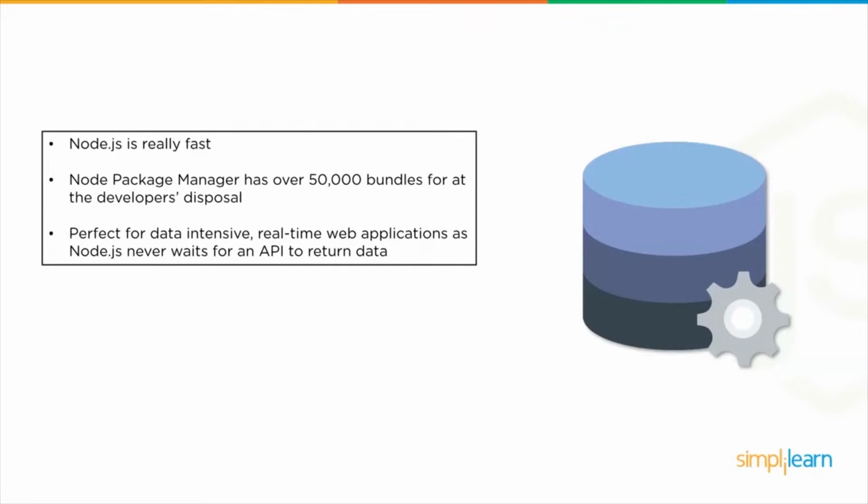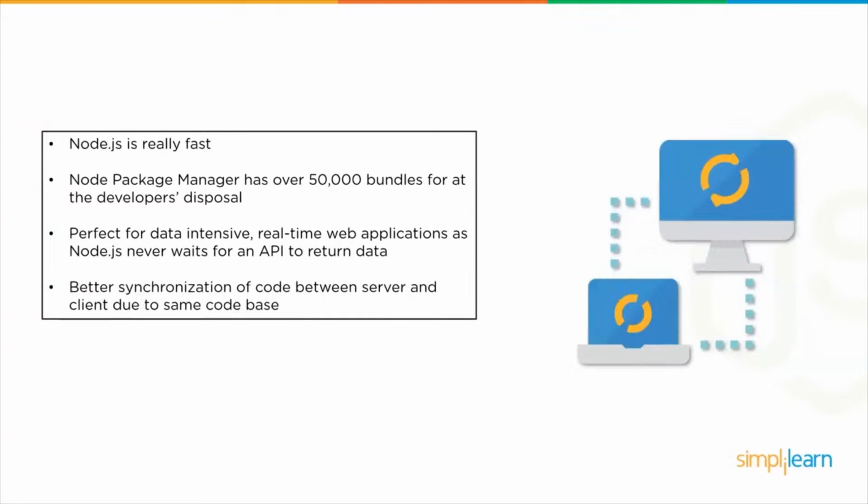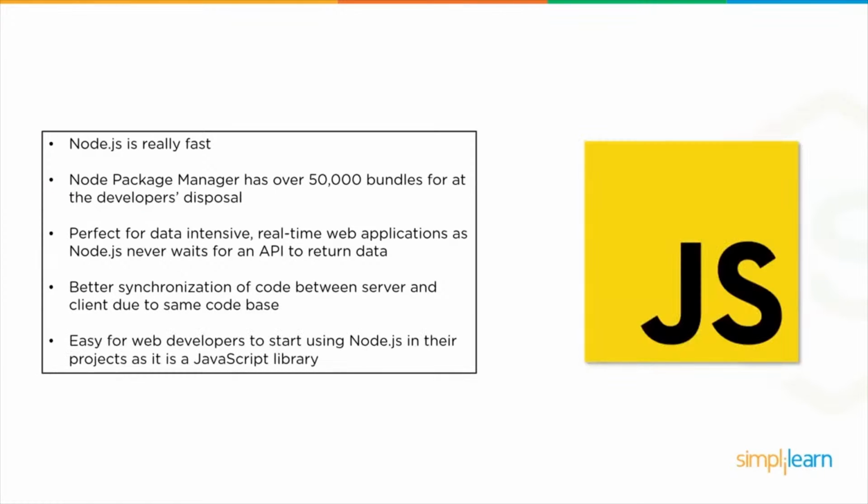It means a Node.js-based server never waits for an API to return data. Node.js dramatically reduces the processing time while uploading video and audio files. It is also an open source platform and is easy for beginners in web development. The above reasons more than justify the popularity of the Node.js platform and why it is being adopted by a large number of organizations and businesses today.